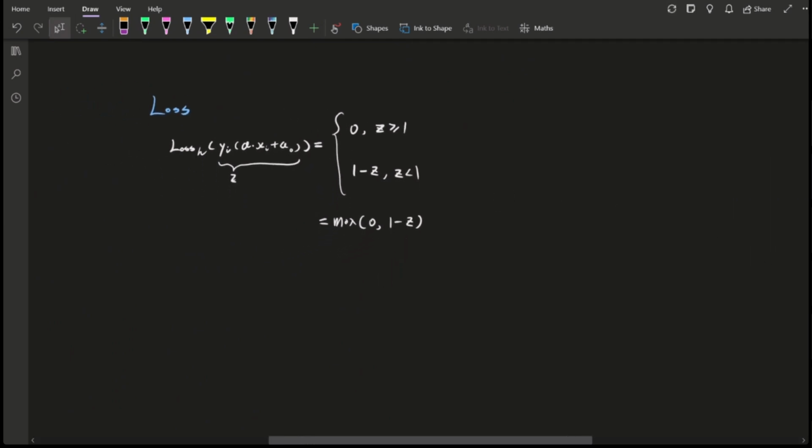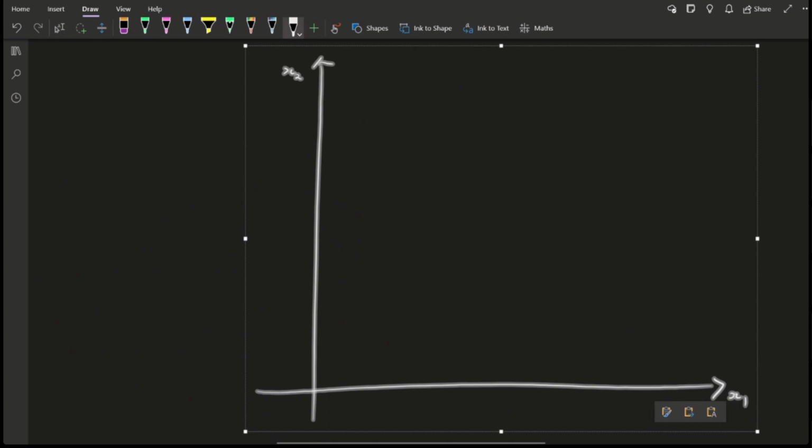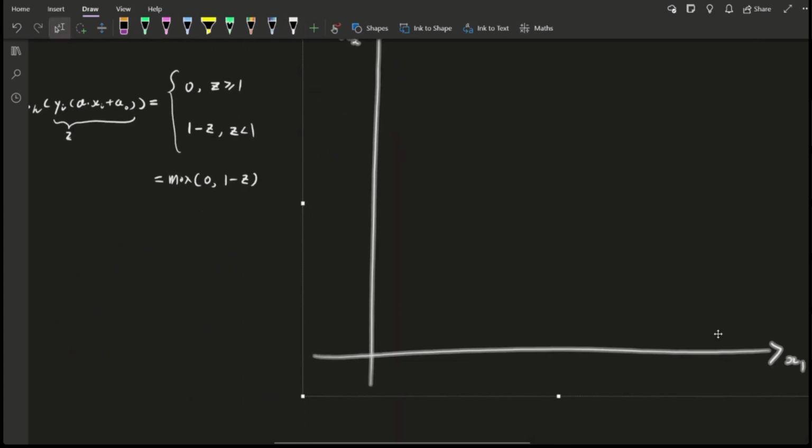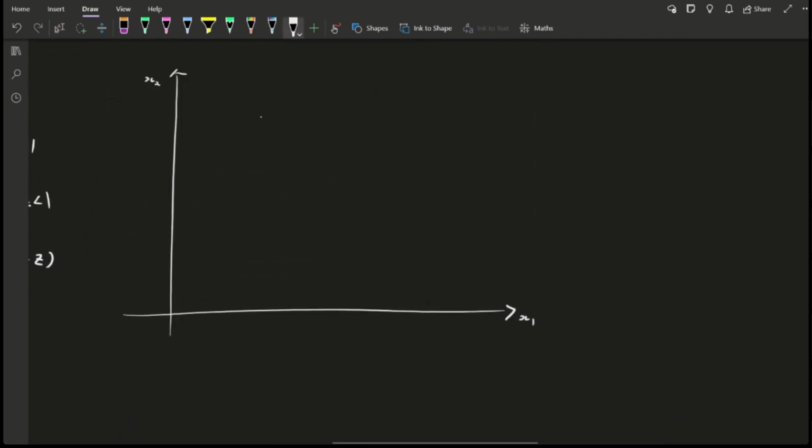Okay. Before we move on to how we can formulate the objective function to turn this into an optimization problem, let's analyze how the loss behaves for points on different parts of your decision boundary. So we have some decision boundary here, and it has some margins, negative and positive.